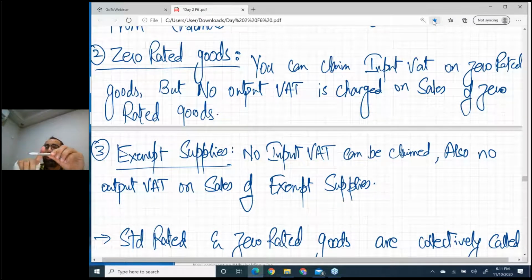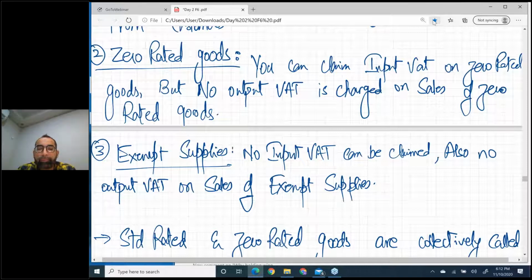Now if you incur any expenses, or if you have paid any VAT in making of this exempt good, you cannot claim input VAT, the first thing. And when you sell this exempt good to a third party, you won't charge any percentage output VAT from them. So you must know these three categories.